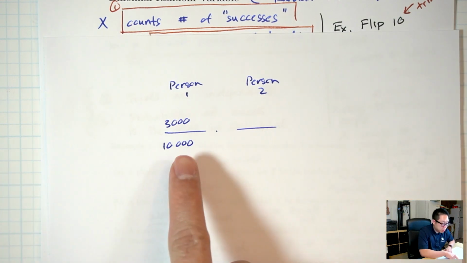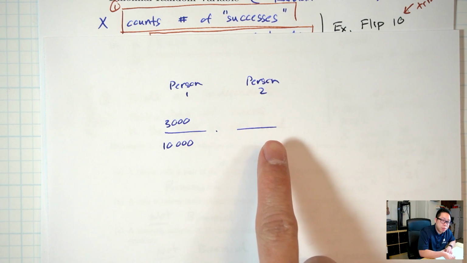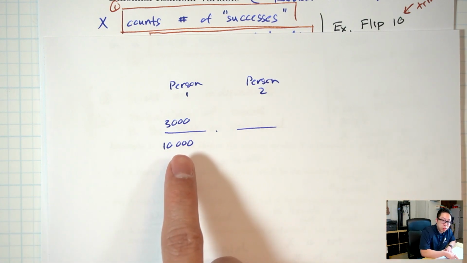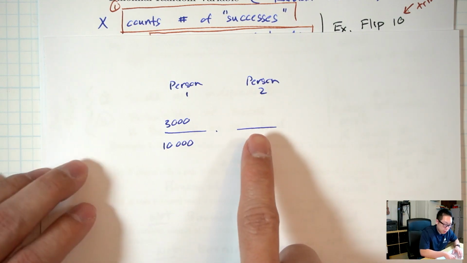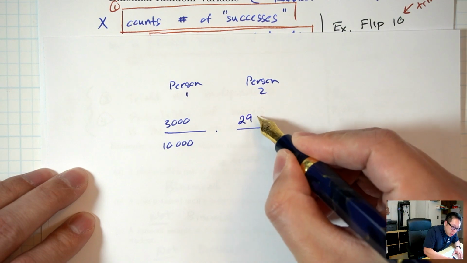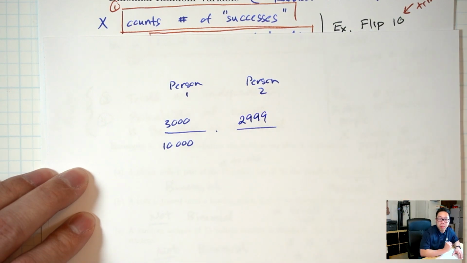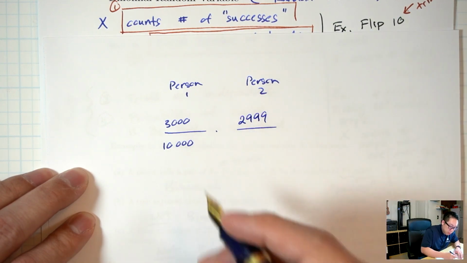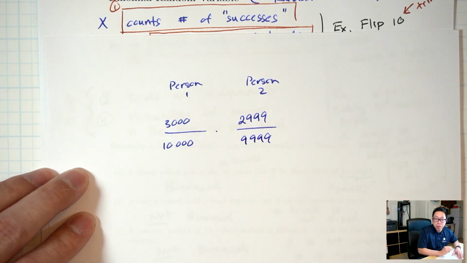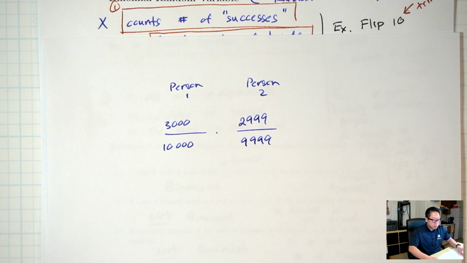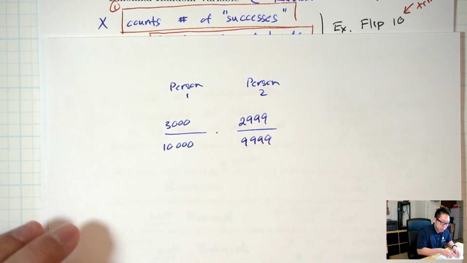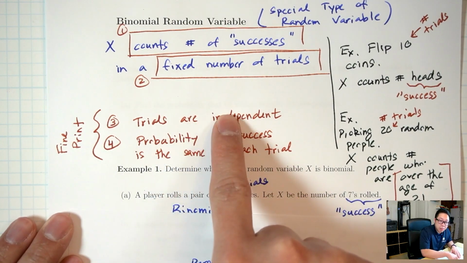What happens on the first pick does affect what happens on the second pick. If the first pick is a person who supports the mayor, then for my second pick there are now only 2,999 people left who support the mayor, and for the bottom, only 9,999 people left in the population. So technically it's not independent.